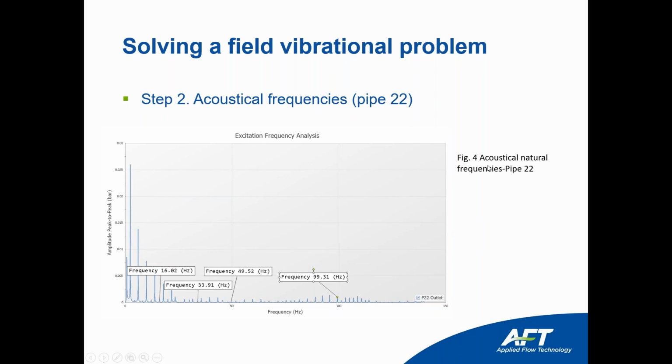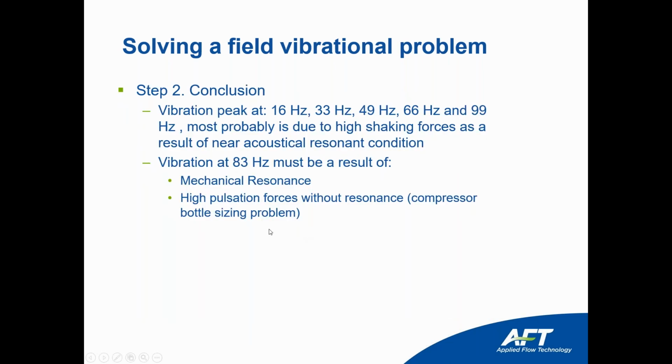And then in step two, you calculate the acoustical frequency following the steps described at the beginning of the webinar. And here we see the frequencies 16 hertz, 33 hertz that we measured in the field, 50 hertz, and 92, 99. So now that you calculated the acoustical frequencies, you also do it for pipe 22, where you're also observing problems in the field.